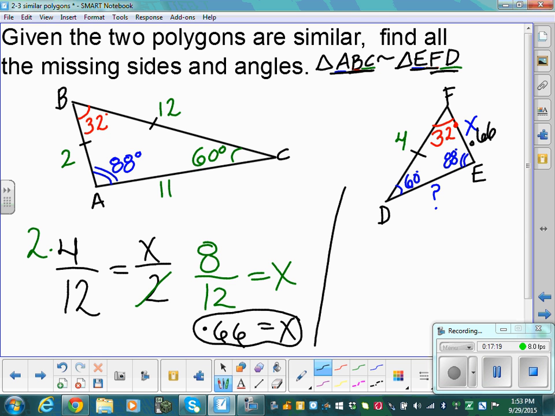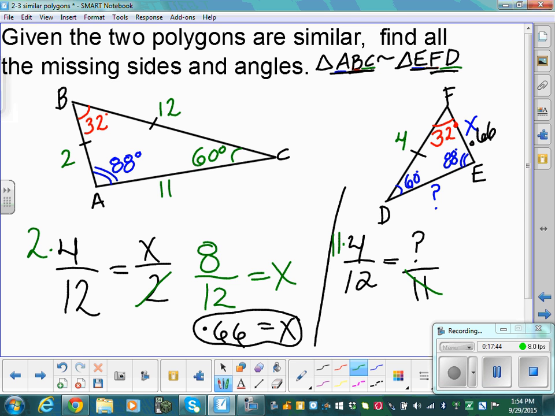Guys, stay with me. Let's find question mark. Now let's use 4 over 12 again, can't we? Okay. So 4 over 12 is equal to, and this time we're doing question mark over 11. DE would be CA, which is 11. So we cross multiply both sides by 11.